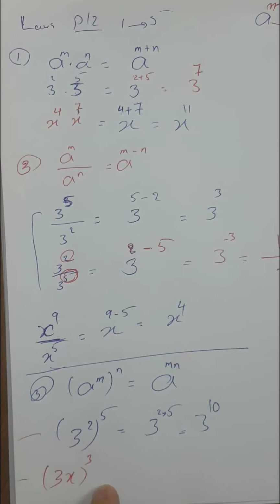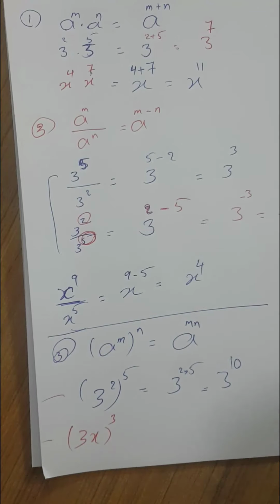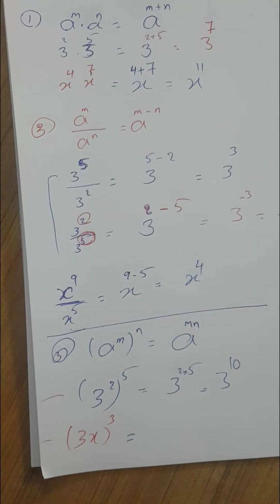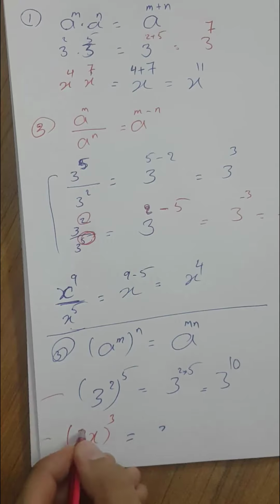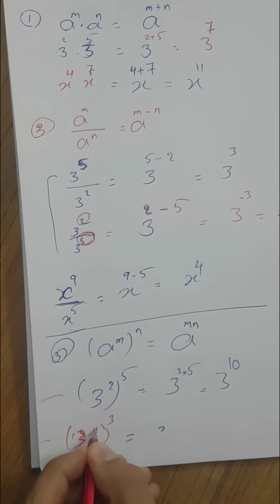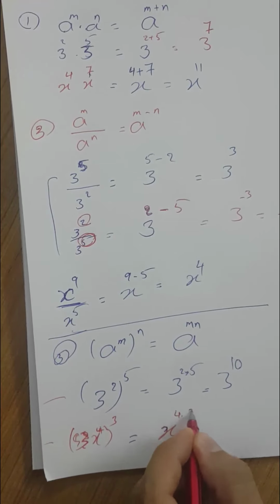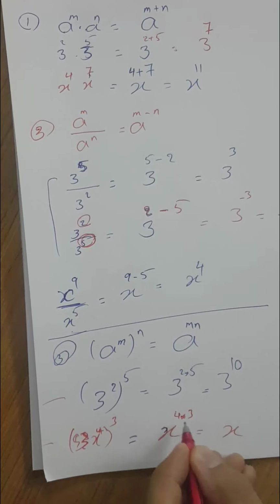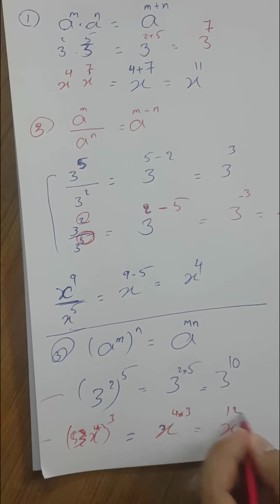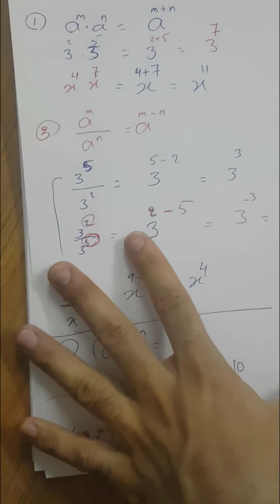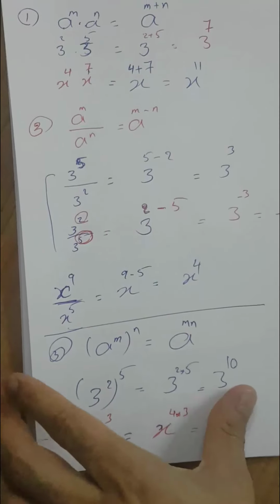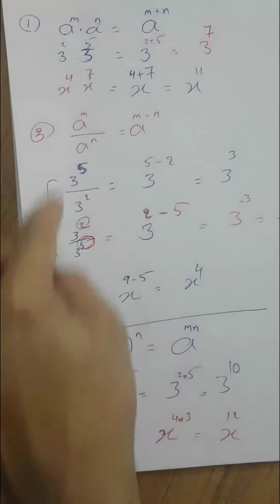So I say it is equal to x to power 4 by 3, which is 3 multiplied by 4, equal to x to power 12. That's all we have. So more important things here, these rules A, B, C are 1, 2, 3 that I mentioned for you.